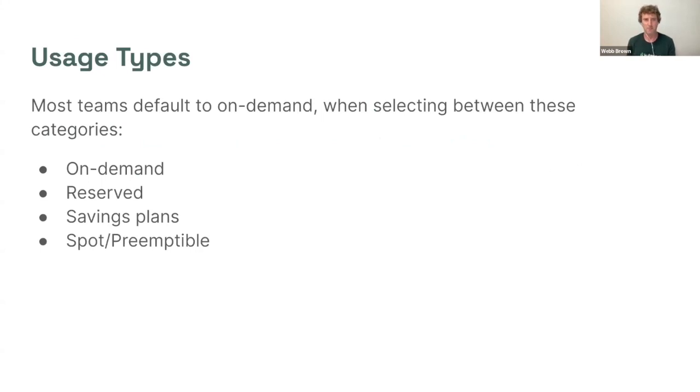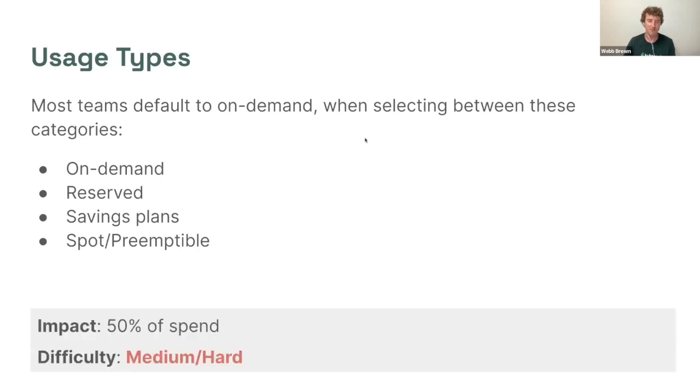It can also be deeply tied into how predictable your business is and how well you can forecast resource demands 1 year out or even 3 years out when you're thinking about longer term reserved instances or savings plans commitments. So this can be in the medium to hard category, depending on those dynamics, but the opportunity for savings is absolutely huge for most teams.